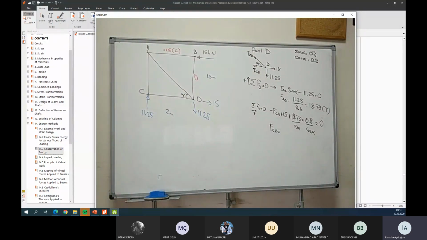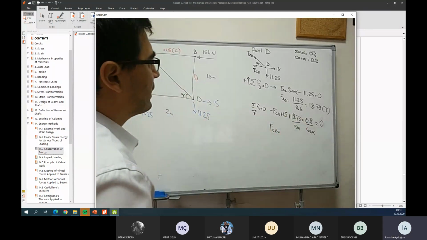I obtained F_CD is equal to 0. Is it true? Did you compute? Yes, it's true, 0.